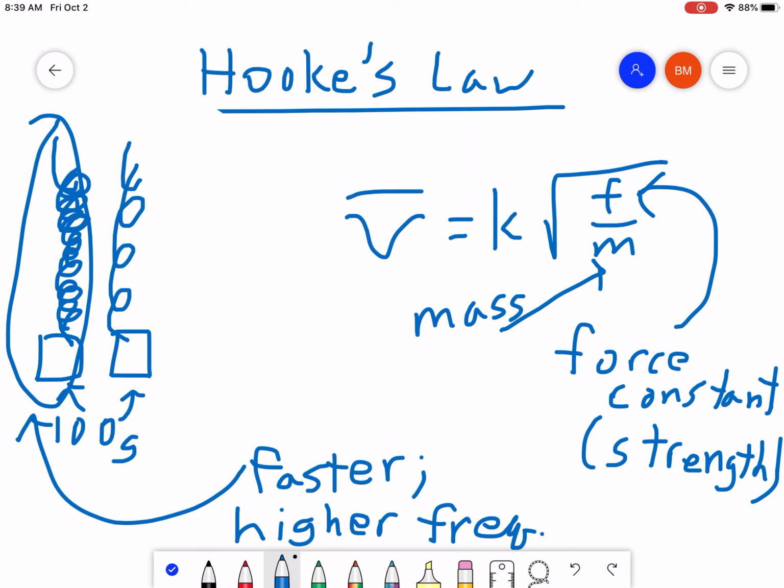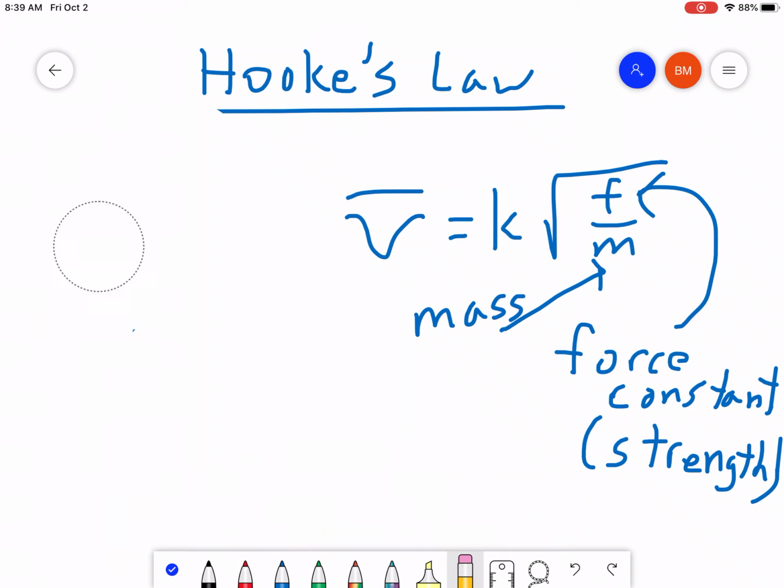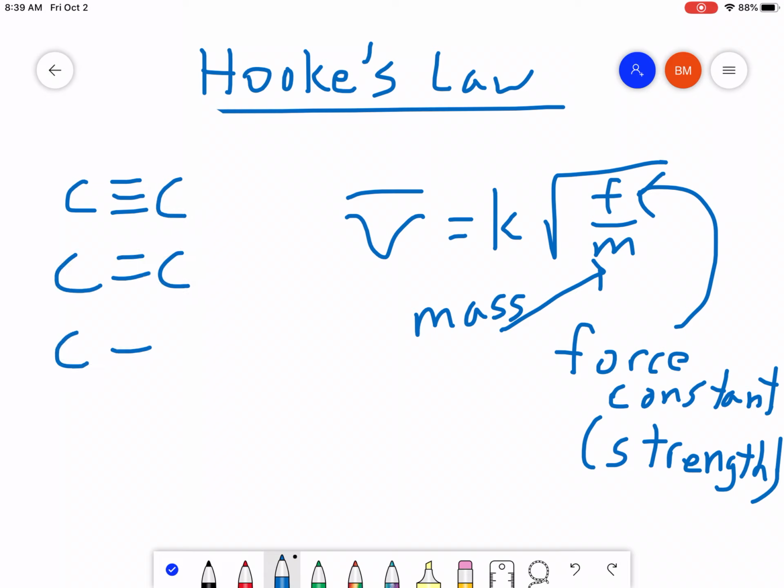All right. Well, how can we relate this to chemical bonds? Well, let's compare three bonds here. Let's compare a carbon-carbon triple bond, a carbon-carbon double bond, and a carbon-carbon single bond. And in previous classes in Gen Chem, you probably talked about strength of bonds.